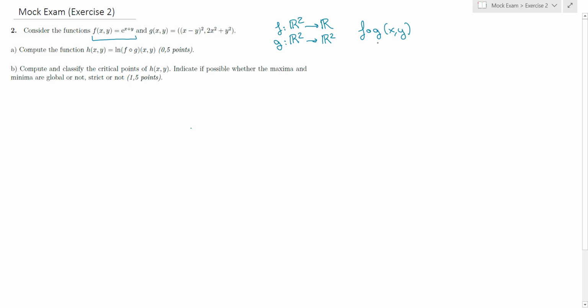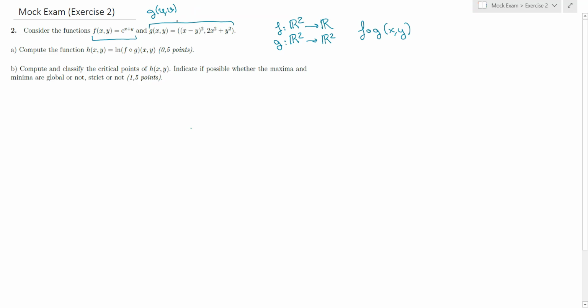Now, instead of writing G this way, let me do something just to not get messed up.